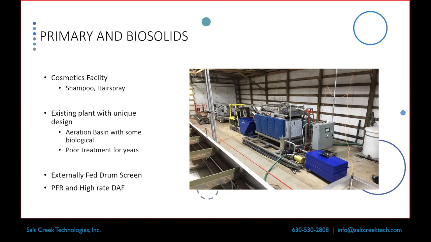Initially, that belt press was running 24/7 for about 6 months while we were going through and cleaning up that system. I think in that time alone, we ended up paying for the entire purchase price of the belt press in avoided hauling costs. And now it's running probably once or twice a week on a much more infrequent basis.